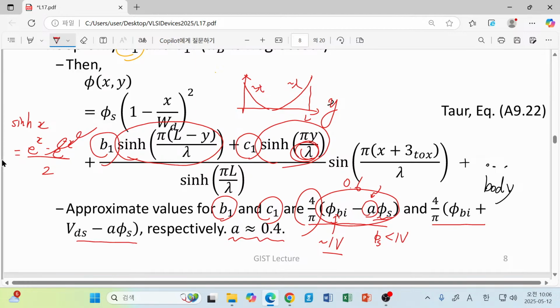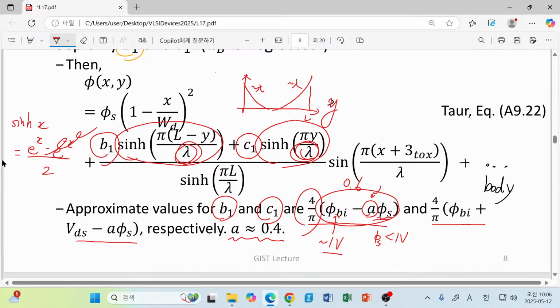So therefore we can understand that this lambda is the length scale for the impact of our drain potential or source potential. Beyond several lambda, it doesn't make any impact on our potential.